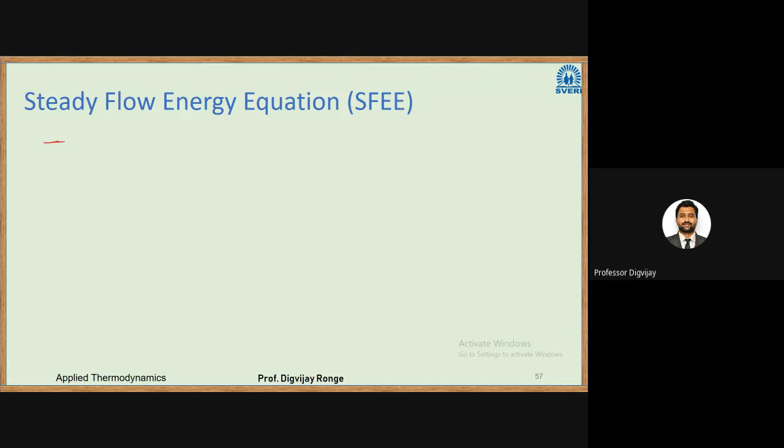I'll draw a diagram here. Okay. So suppose this is a control volume. Mass is entering here and it is leaving from this side. Let us say it has some velocity v1 and some enthalpy h1.